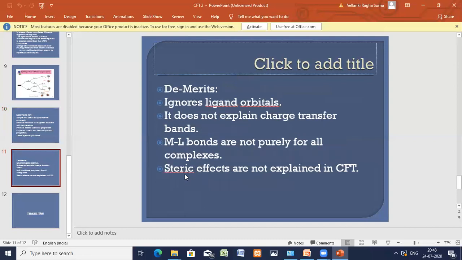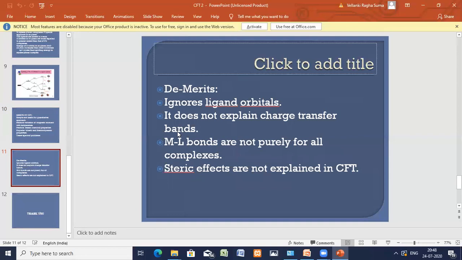In this whole session, and in the previous session also, I have explained the CFT postulates, and the CFT splitting of tetrahedral, octahedral and square planar complexes.